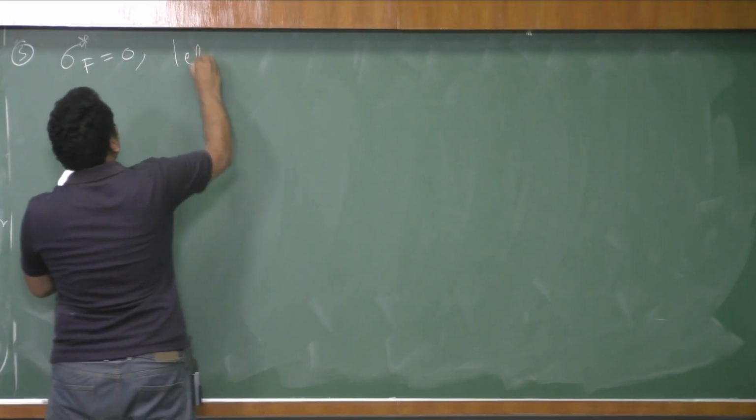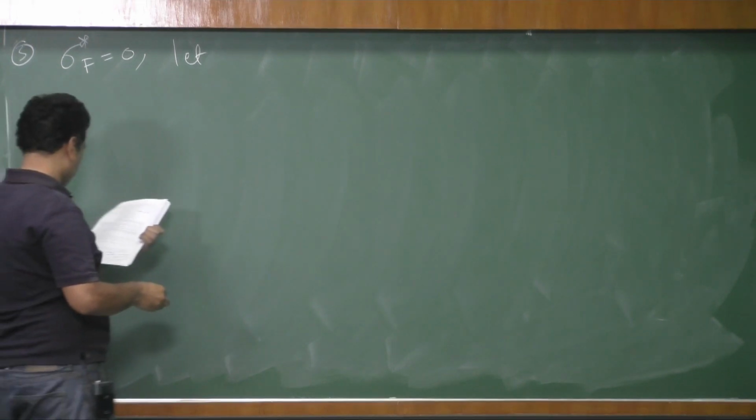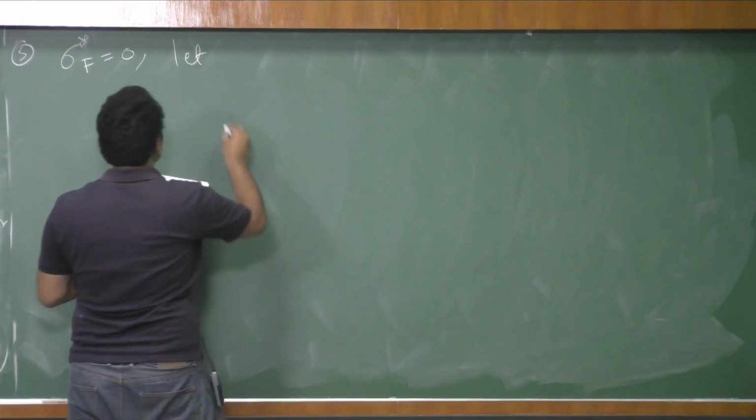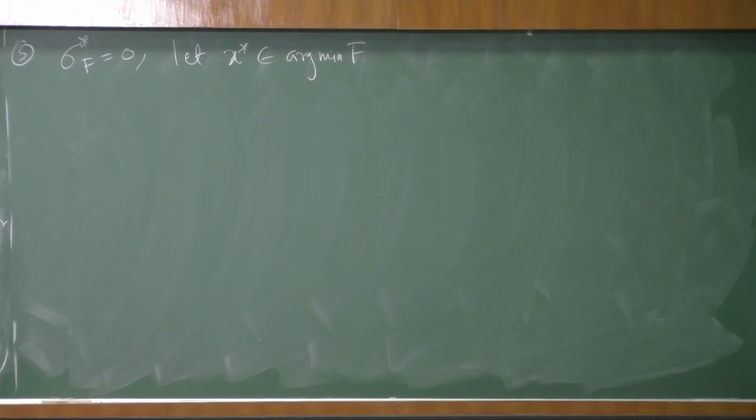We can further assume that x* is in argmin of f. Then what we are supposed to prove is that x* is in argmin of g plus f_i.